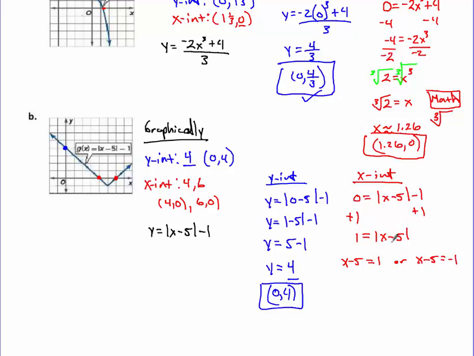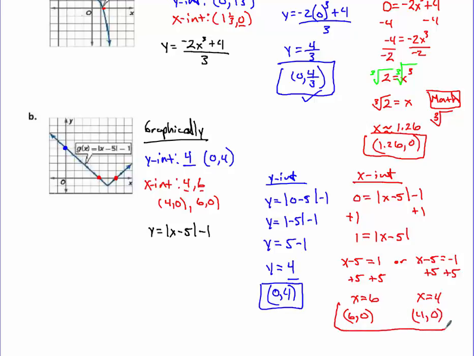Because if this added up to negative 1, the absolute value bars would make it positive and we'd be good to go. So we're going to add 5 to both sides and get x equals 6. Same thing over here, add 5 to both sides, and we get x equals 4, which is exactly what we thought when we looked at the graph, so we know we're doing it right. So this is the point 6 comma 0. This is the point 4 comma 0.